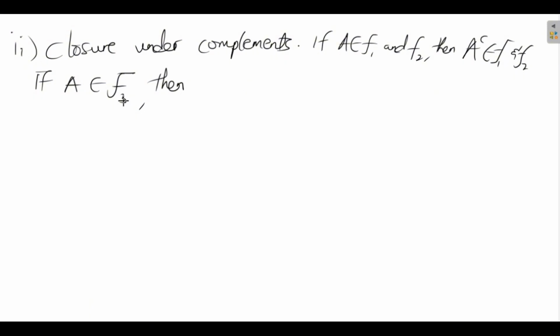So now if A is in F3, then it means that A belongs to F1 and A is also contained in F2, because F3 is the intersection of F1 and F2. If you are saying that A belongs to F3, then it means that we can find A in F1 and we can also find A in F2.